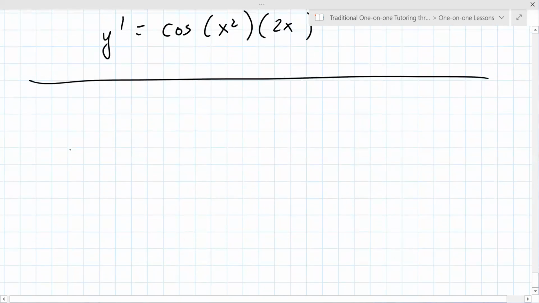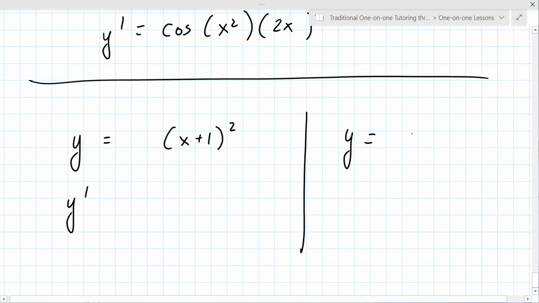So let's say y equals (x plus 1) squared. Okay. And we'll compare that to y equals (4x cubed plus 1) squared. Okay. So the one on the left here is power rule. Do you see that?